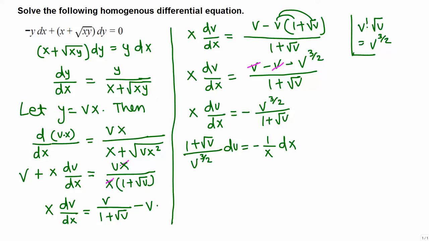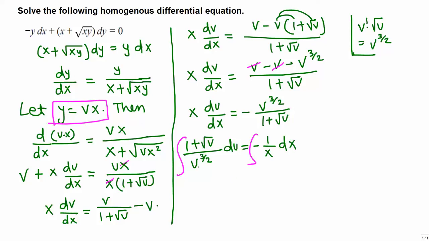Okay, and we integrate both sides and finally replace v, because here is our substitution, y equals vx, and v is in fact y over x, and we get the final answer.